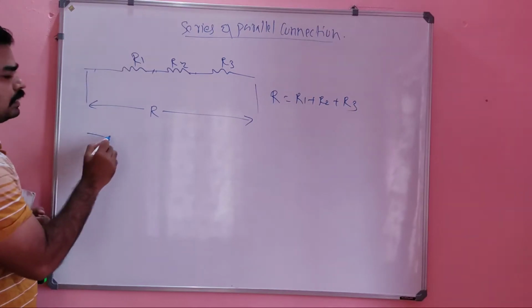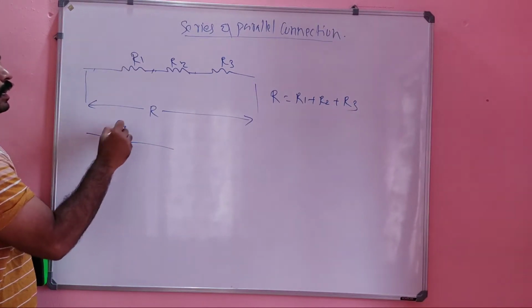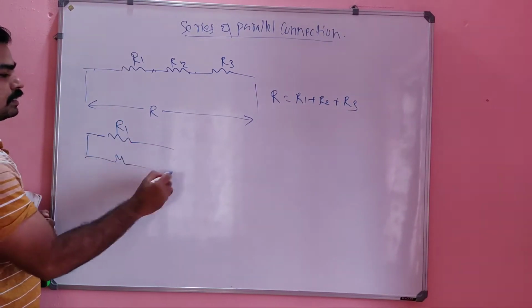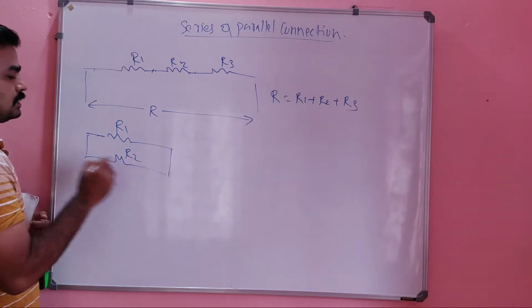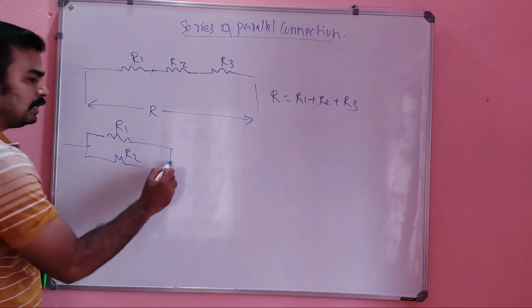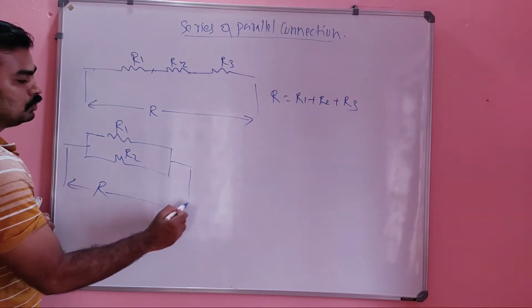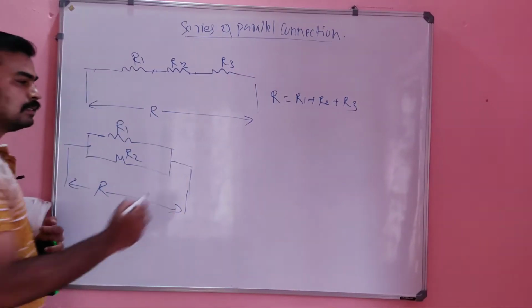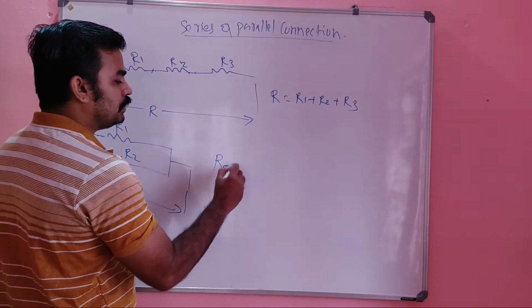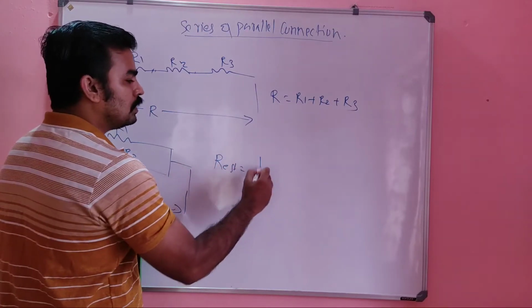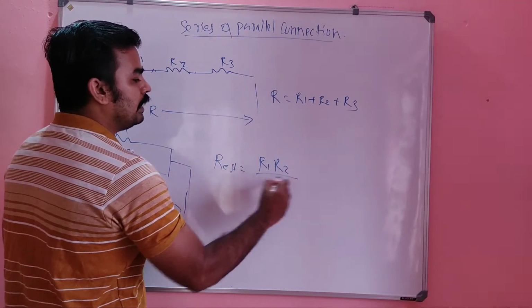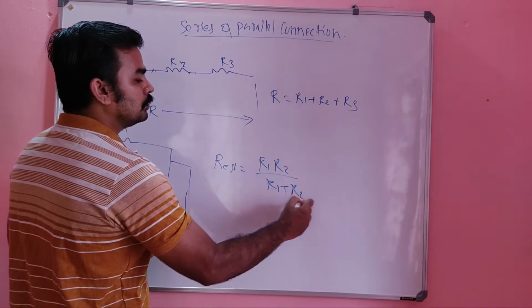Similarly, for simplicity let's take two resistors connected in parallel. Then the effective resistance R between those two terminals will be R effective or R equivalent equal to R1 R2 divided by R1 plus R2.